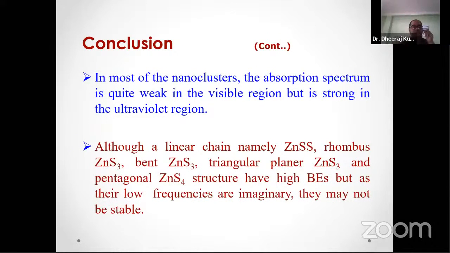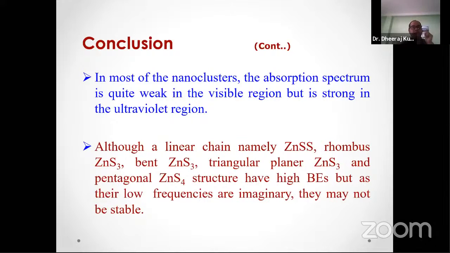So for most of the nanoclusters, the absorption spectrum is quite weak in the visible region, but strong in the ultraviolet region. And a few of the nanoclusters have the highest final binding energy, but still they are considered unstable because of their imaginary vibrational frequencies. So finally, this is the total study of my system, zinc sulfide, with the help of computational techniques.